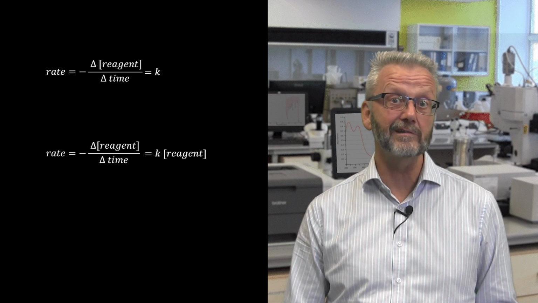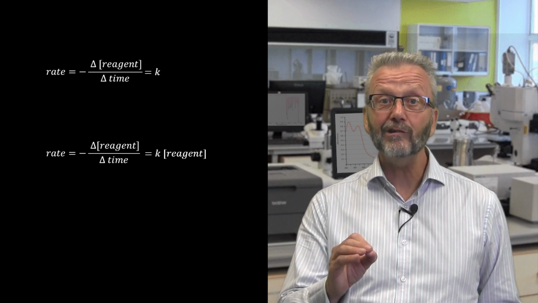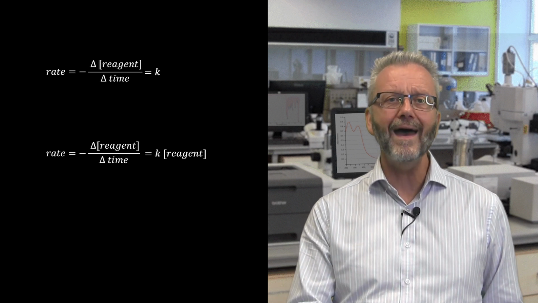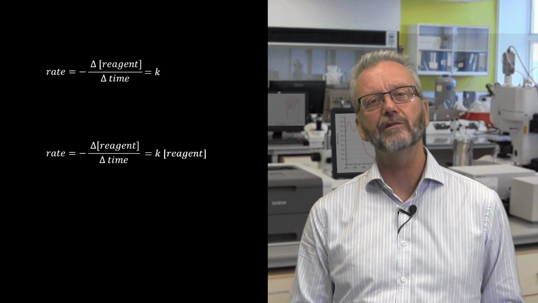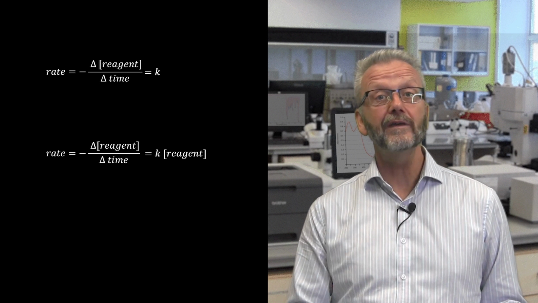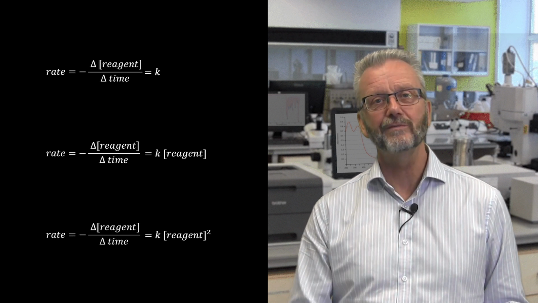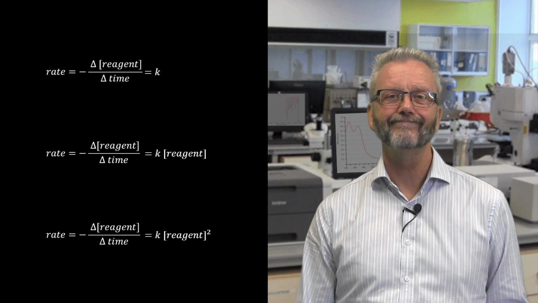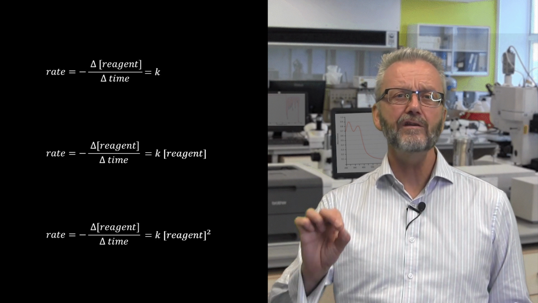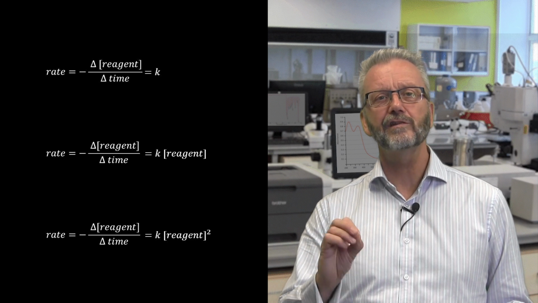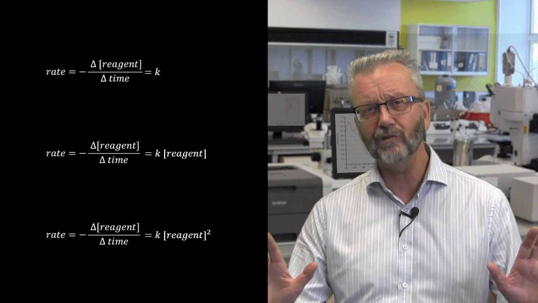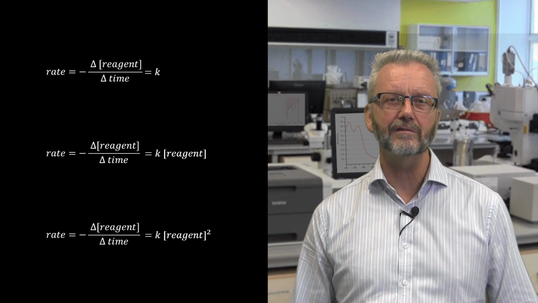There is another possibility, which is that the reaction rate is affected by the square of the concentration of the reagent. So we can come up with another equation that describes that. These three equations describe the rate of the vast majority of chemical reactions.